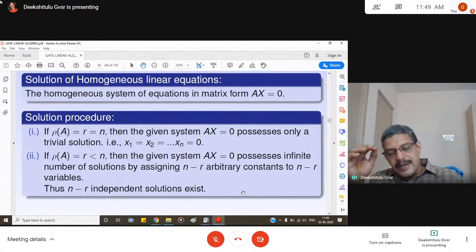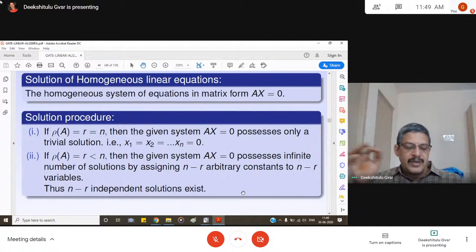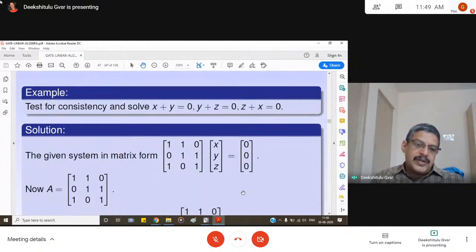There is nothing like having a unique non-zero solution here. Never. It doesn't happen. Either it is a zero solution, which we call the trivial solution, or it has infinitely many solutions.